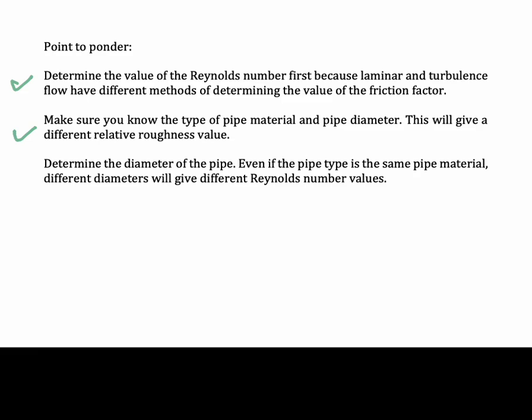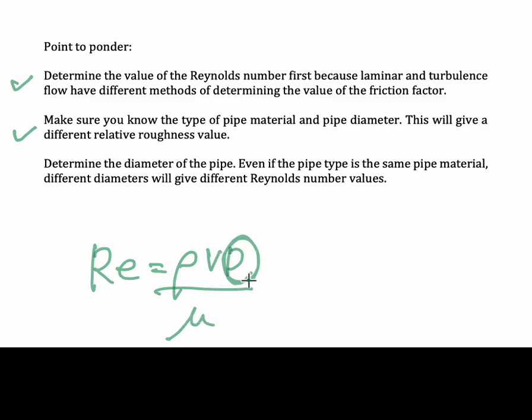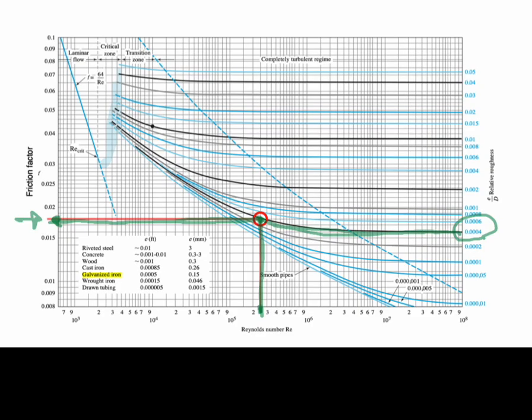The surface roughness actually depends on the material. For example, we have the Reynolds number as rho VD over mu. The diameter may be the same, but the material is different. When the material is different, the value of surface roughness, the relative roughness, might be different. So a different line here will give you a different value of friction factor.